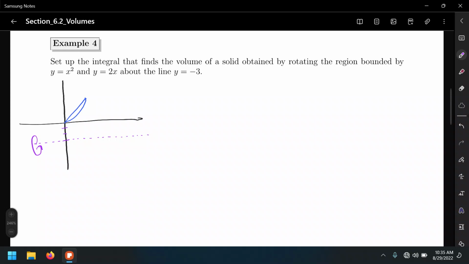So when we mirror this about this axis of revolution, that region will also show 1, 2, 3 units on the other side of the region. So in this case, let's see.